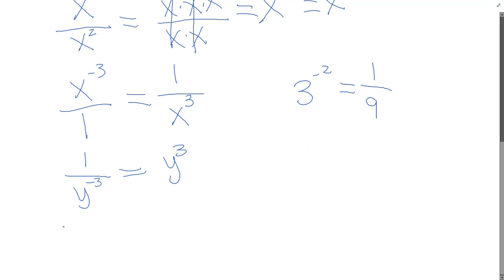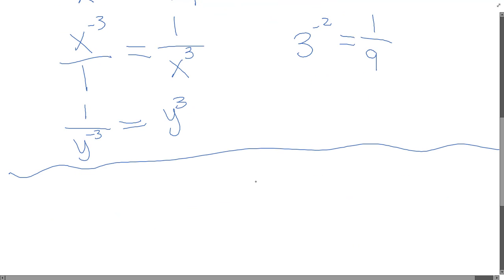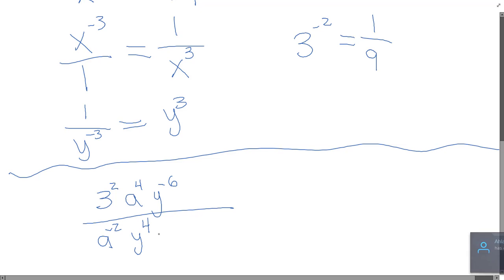Let's put all these together into a giant combination of nasty exponent rule extravaganza palooza party. Here we go. Let's try 3 squared a to the 4th y to the negative 6th over a to the negative 2 y to the 4th times 4.